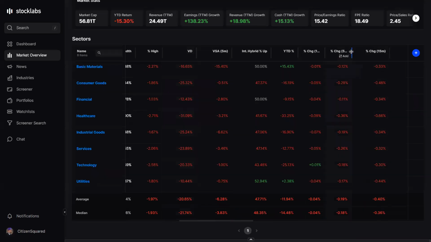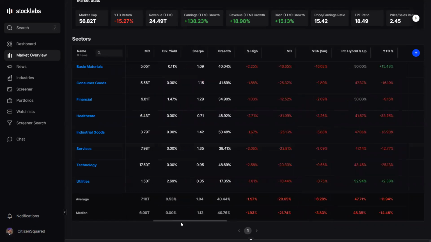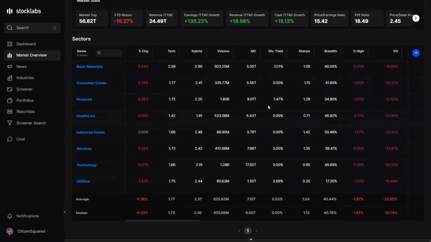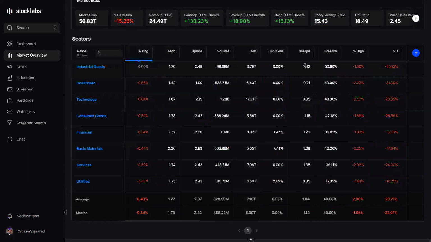I will talk about those when we get to the screener section, but this table is just for you to see at a glance on this page some of the things that are moving. All these columns, you can sort them, you can add filters to them and things like that. So Sharpe ratios, breadth, we have all of that stuff.